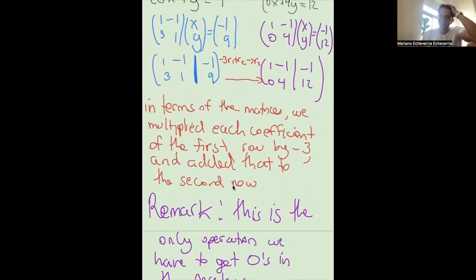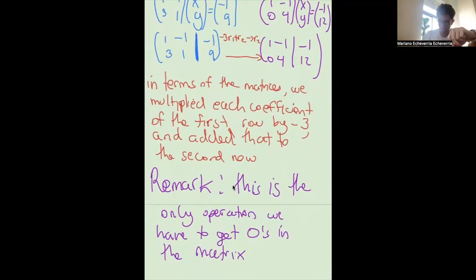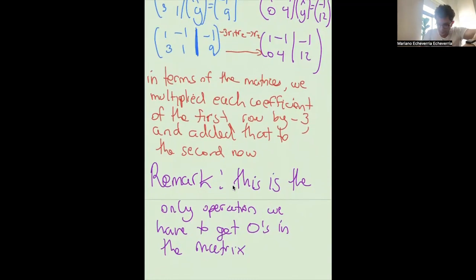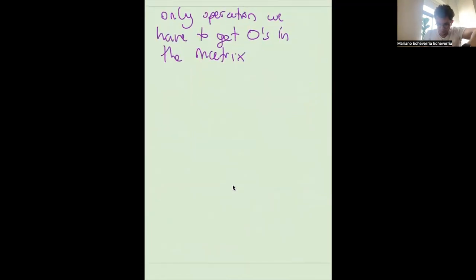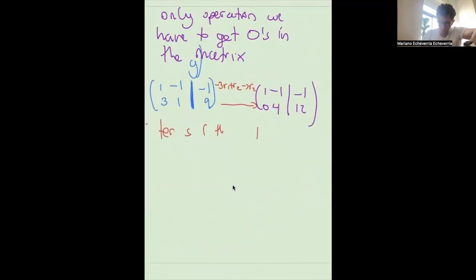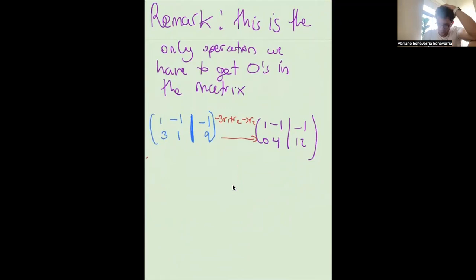This is more like a conceptual thing, but it's kind of useful to know. Let me write it here again. Like I showed you, I did this to put a 0 here. In the previous two cases, with the other two operations, it was clear that you could always undo the operation.